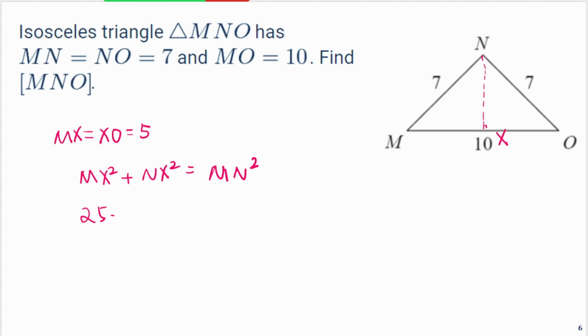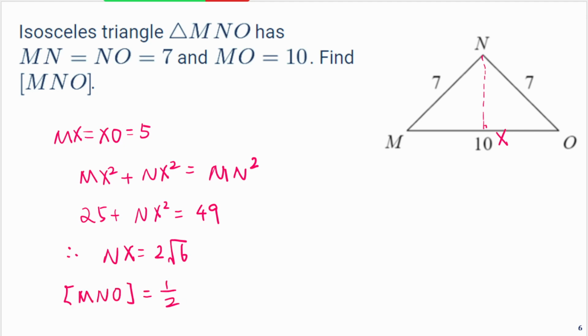Therefore, we have 25 plus NX squared equals 49, and therefore NX equals 2 square root 6. So the area of triangle MON equals half of the base times the corresponding altitude, which gives us 10 square root 6. Very good.